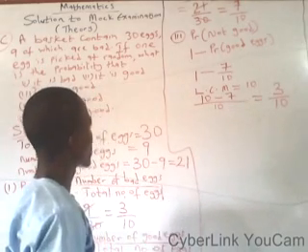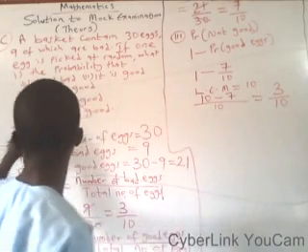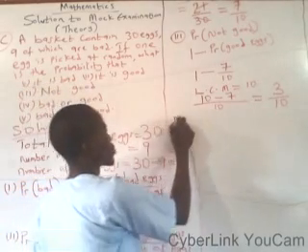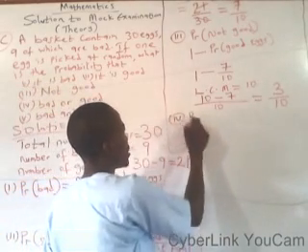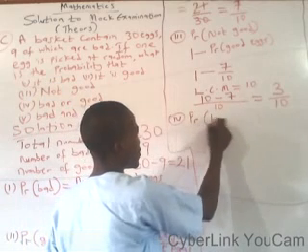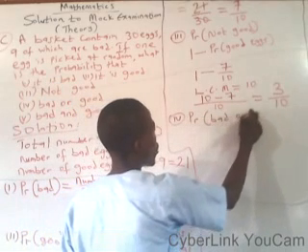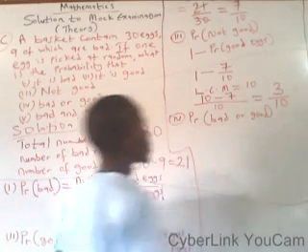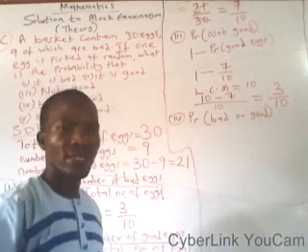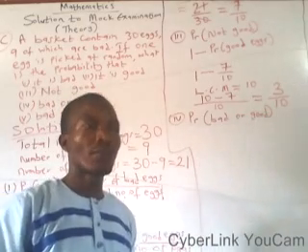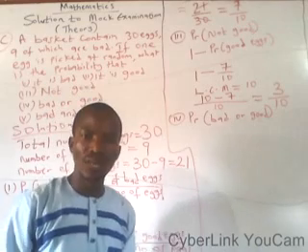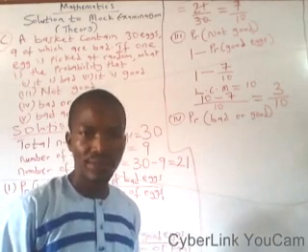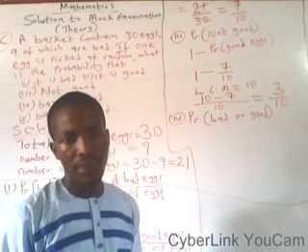Now the next one, we say that probability of bad or good. That is from figure 4. Please always have it at the back of your mind that in probability, when you see not, it means 1 minus the probability.